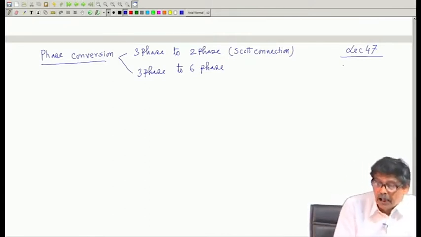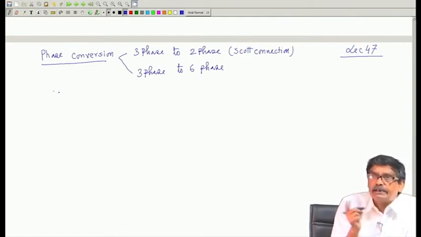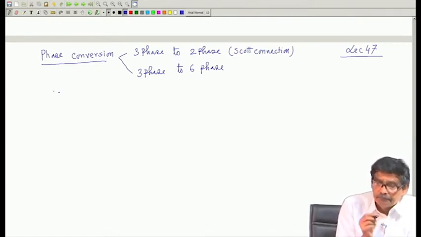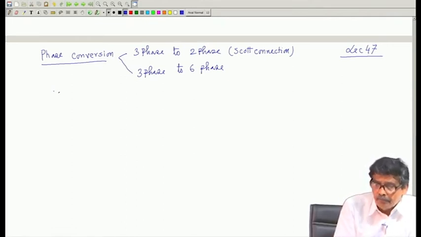What I will do is take one 3 phase transformer with 2 secondary coils, identical secondary coils.